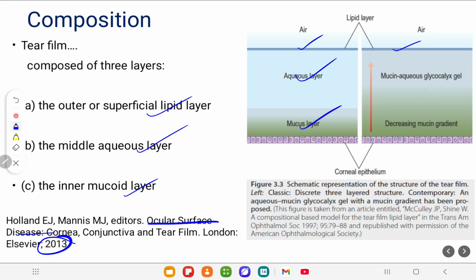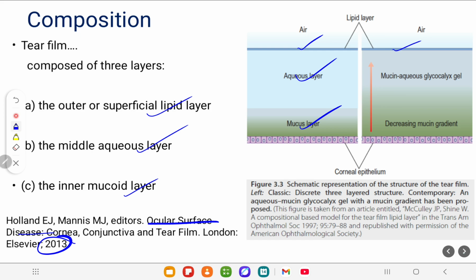As you move towards the lipid layer, the concentration of aqueous is high, and as you move towards the corneal surface, basically the epithelium, the mucin concentration is high. That's the concept. But for today we can take it as a three layer.